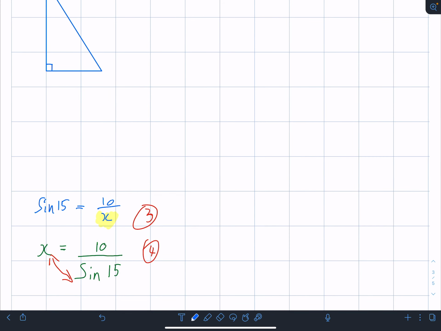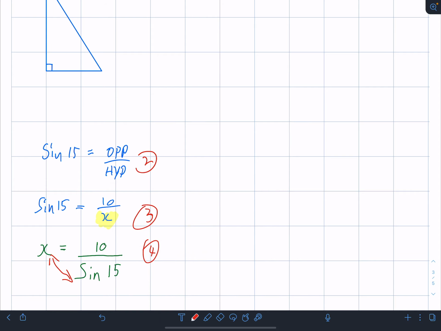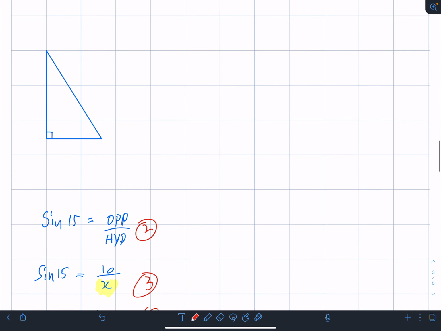Now let's go to step 2. We need to have sine 15 equals opposite over hypotenuse. There's step 2 done. And step 1 will become to label the sides. So we've got the hypotenuse, adjacent, and opposite sides.